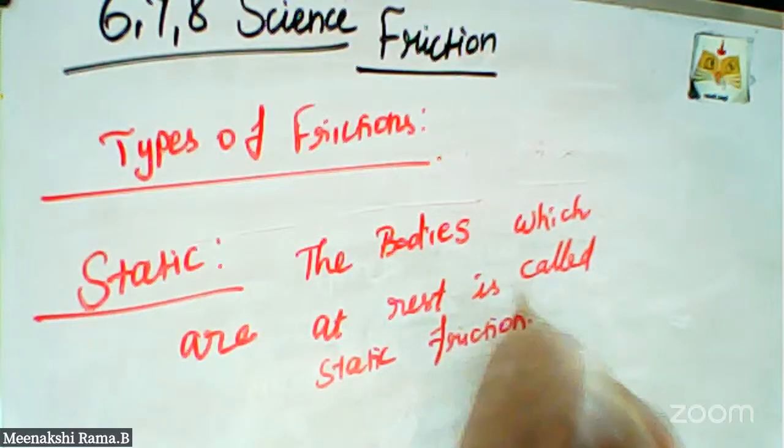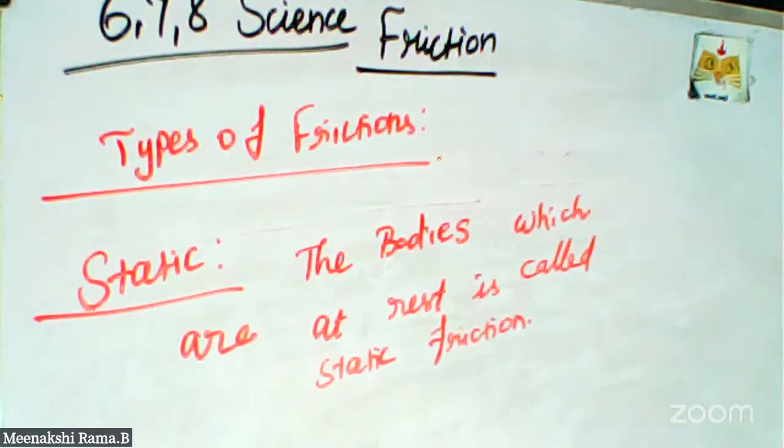What is static friction? The bodies which are at rest. All the objects rigidly placed on the earth, all the immovable objects, are called static friction. Examples of static friction are all the immovable objects on the earth.